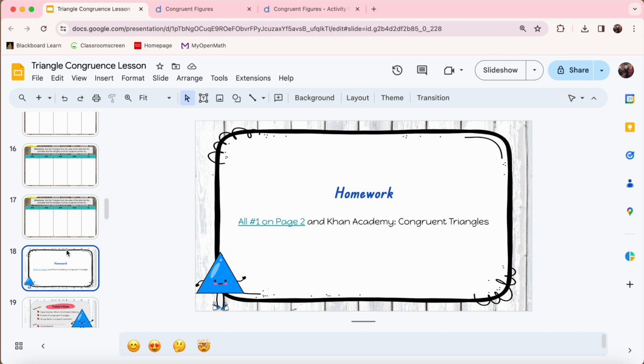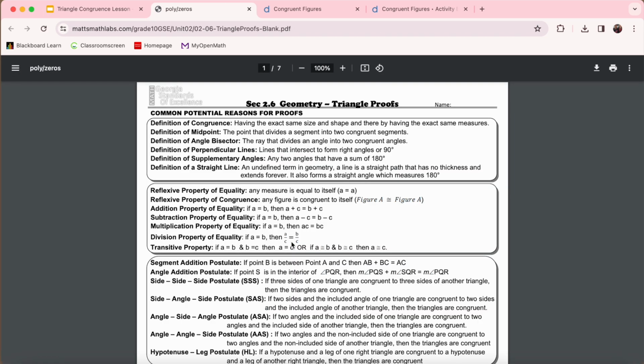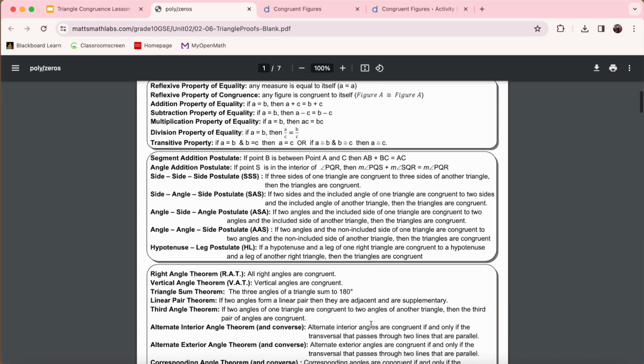And then the homework for them would be this particular resource that I had found. I like that it had the common things that we might be needing, just like you gave us as a resource. I could envision myself utilizing a tool like that as we build onto it, almost like a virtual or interactive notebook where we could continually build on the definitions and postulates and properties and all the things that we need to be successful in geometry.